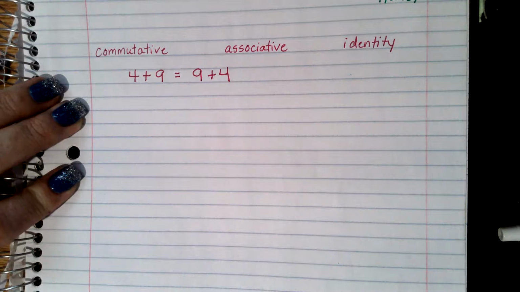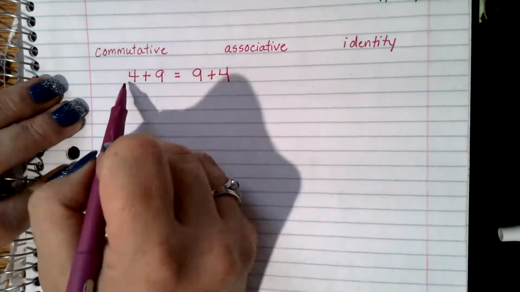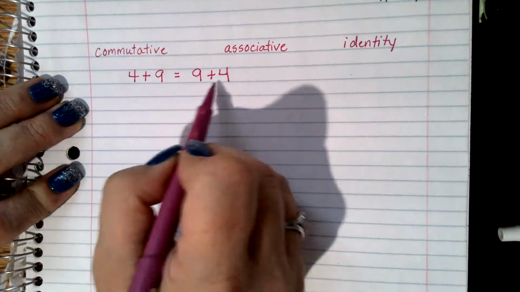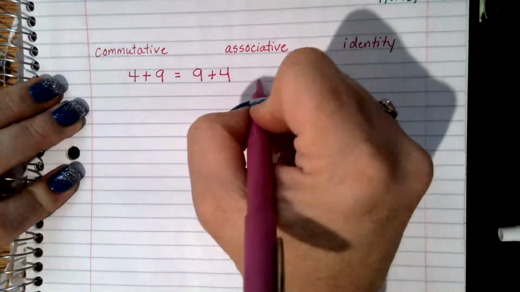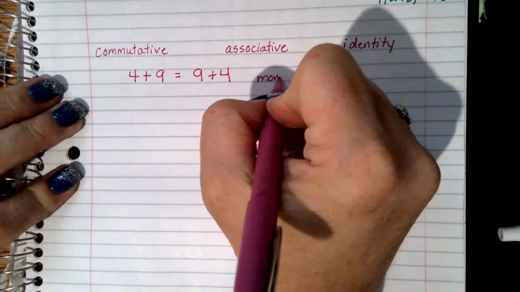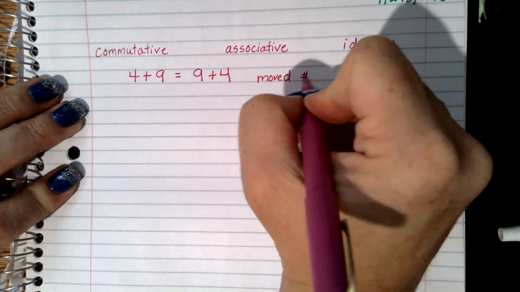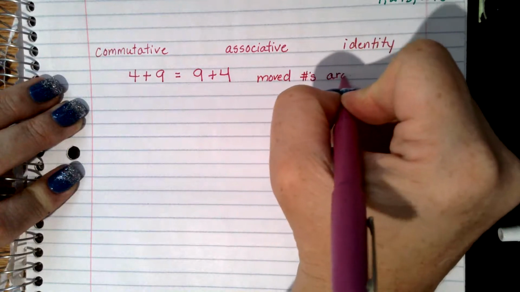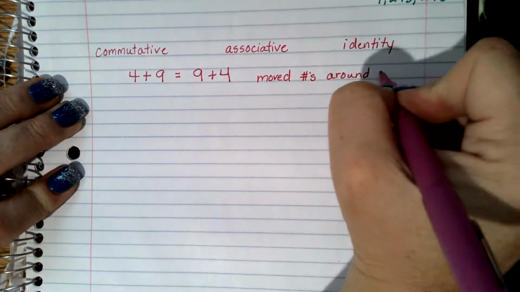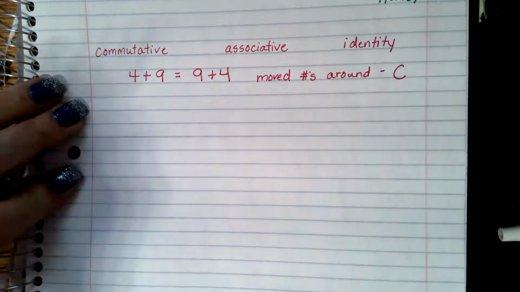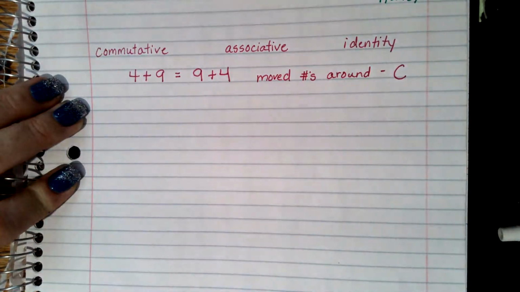If we look at what's been done, we said that this side is the same as this side, only we moved the numbers around. So we just moved the numbers around. Therefore, it is the commutative. And I'm going to put a C out there for commutative.